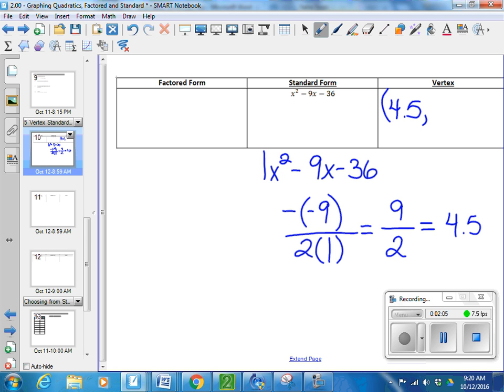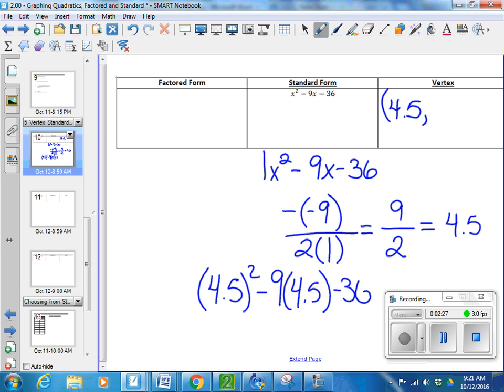All right, so 4.5 is our x coordinate. To get the second part of the vertex, we're going to plug 4.5 back into our expression for the value of x. So that'll make it 4.5 squared minus 9 times 4.5 minus 36.